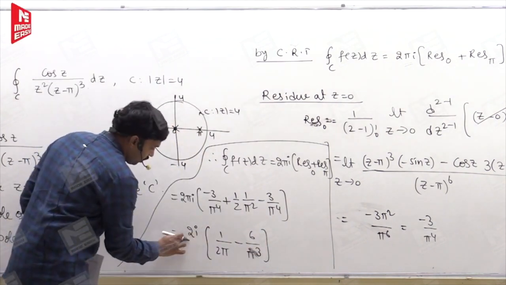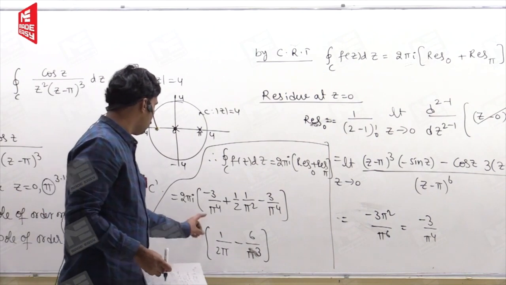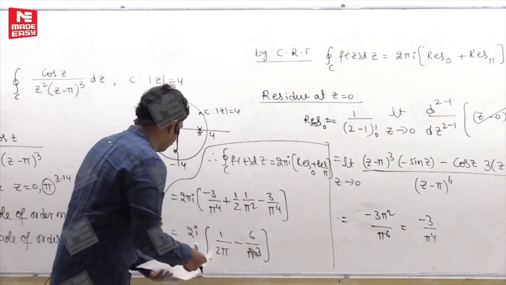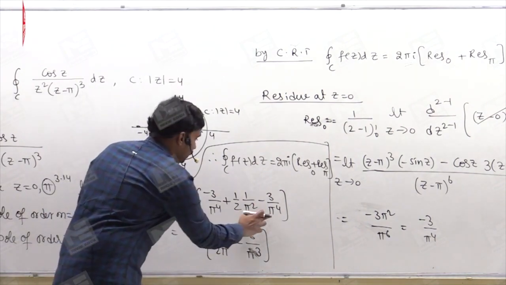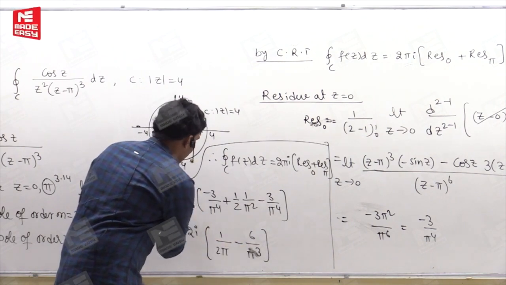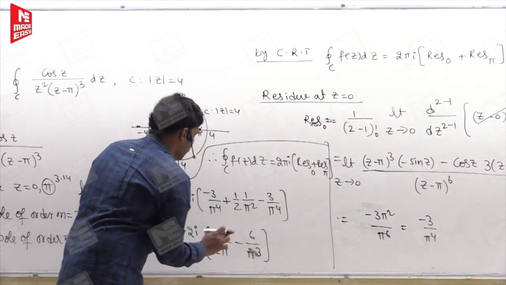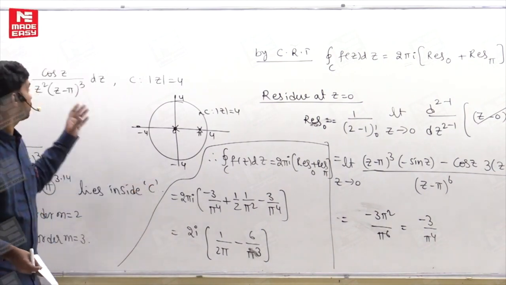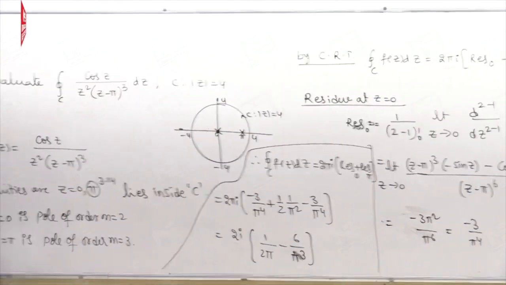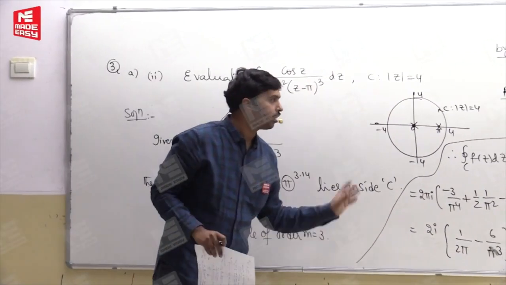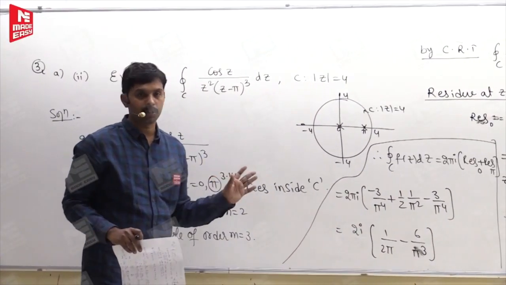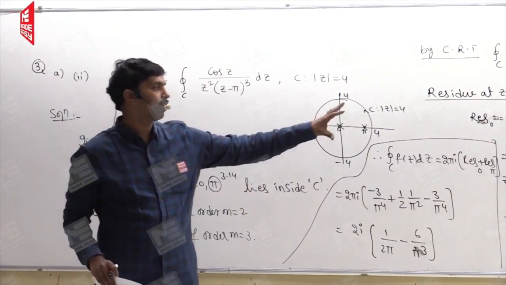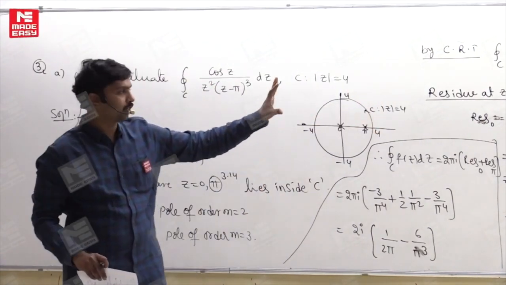So this is going to be 2i into 1 by 2 pi square, that pi gets cancelled here, and then this one, pi gets cancelled, it is minus 6 by pi cube here. So this is how you are getting the integral value of this integral, cos z by z square into (z minus pi) cube. Same thing, it's just an application of Cauchy residue theorem, but only thing is, meanwhile you should have some differentiation there.